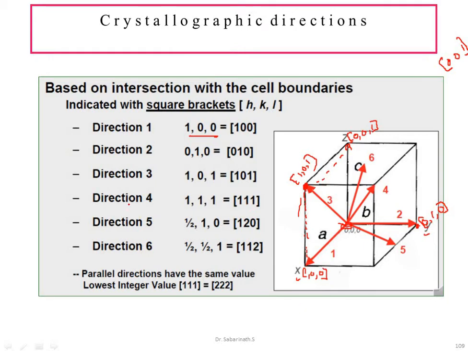Now let's move to direction number 4. Here we will see 1 1 1. That means for the x-axis there is 1, for the y-axis there is 1, and for the z-axis there is 1. Altogether they should meet at a common point, so we need to extend these.